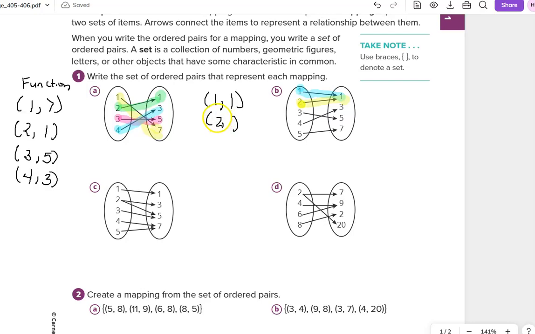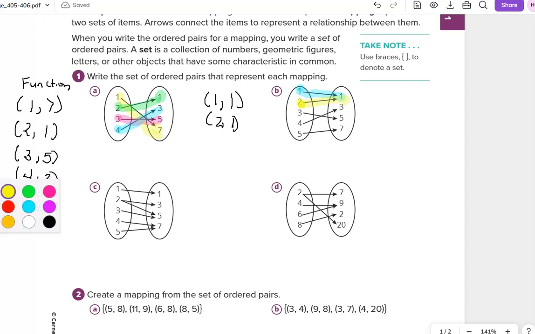So I have 2 different inputs with the same output, right? My input is 1, my output's 1. My input's 2, my output is still 1. That's okay, that's allowed. It can still be considered a function.